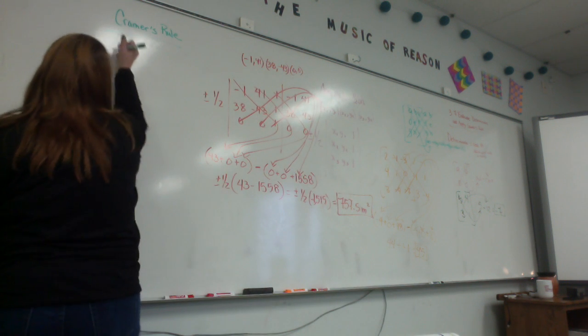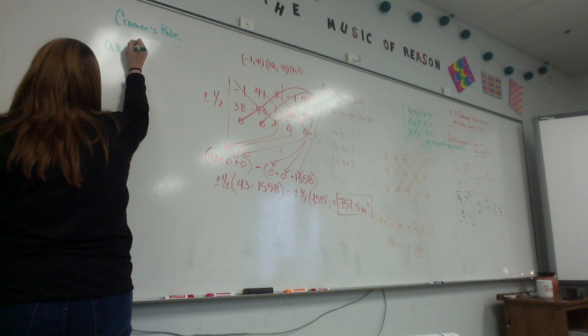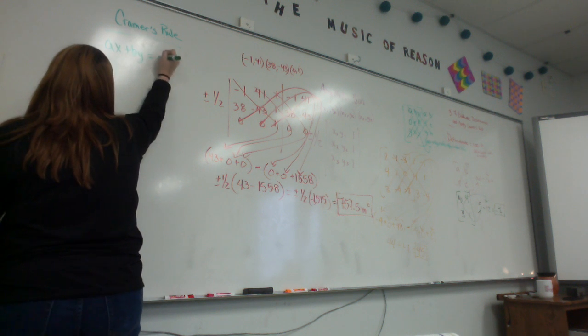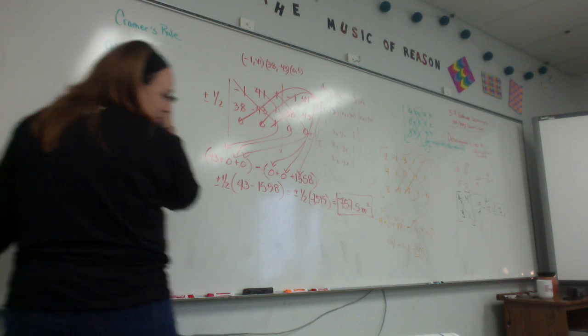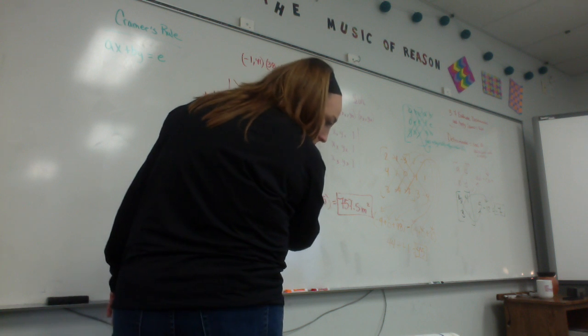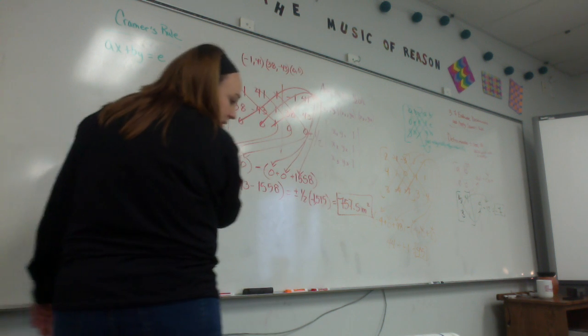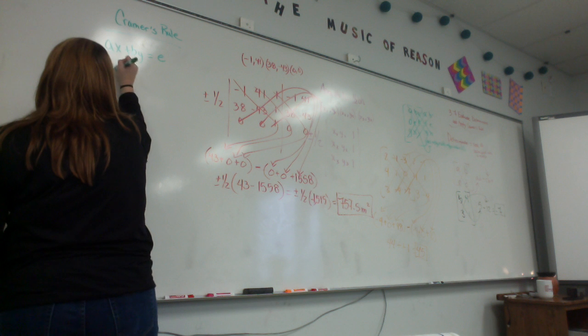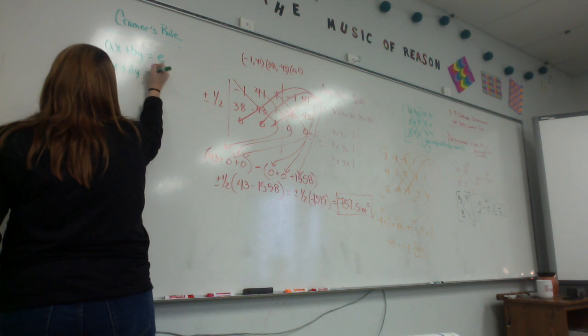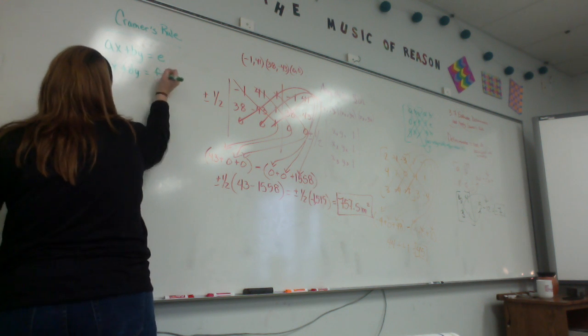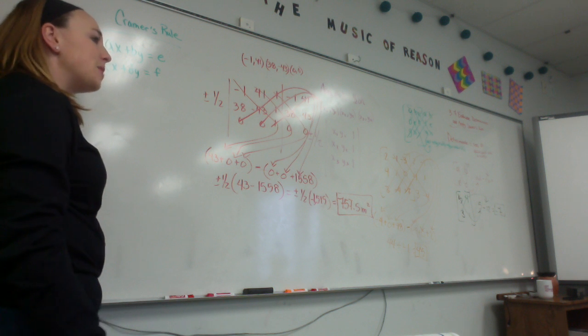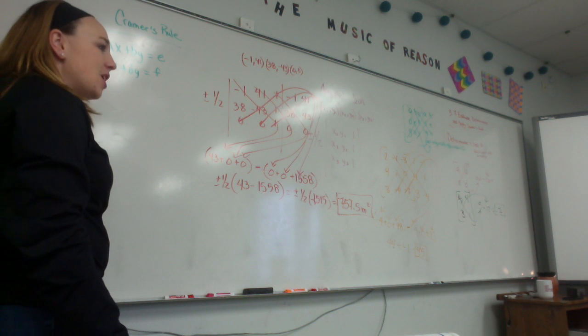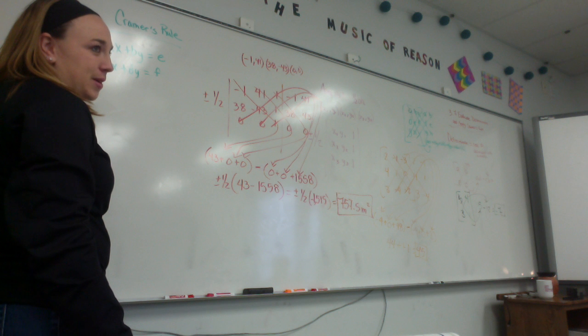Remember when we had linear systems like ax plus by equals e and cx plus dy equals f? Remember when we were solving for two variables by substitution and elimination? You can use Cramer's rule to solve for it.